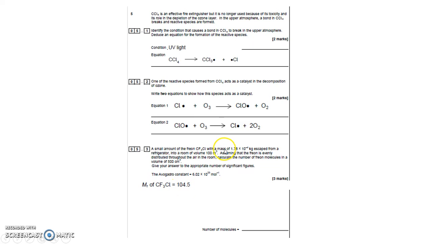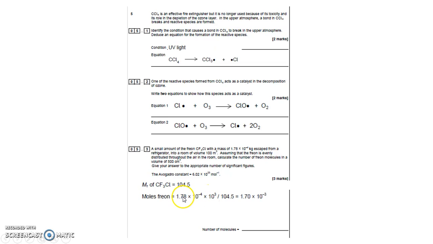I've got the MR of this. Now the mass of this, 1.78 times 10 to the minus 4 kilograms. There's 1,000 grams in a kilogram. So to convert that kilograms into grams, I multiply by 1,000. So that's my next step. 1.78 times 10 to the minus 4 times 1,000, 10 to the power 3.